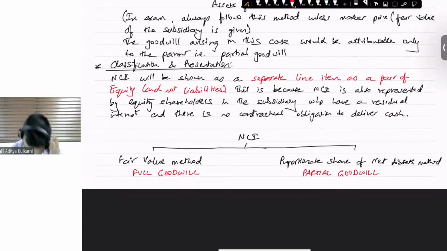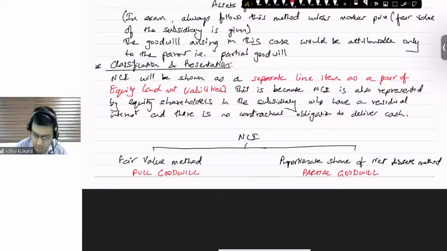And then I will just give a small point that many of you would start drawing parallels with AS14. In AS14, the goodwill was basically PC versus net assets. There was no NCI because S Limited would close down immediately after. So therefore you would not have an NCI there.